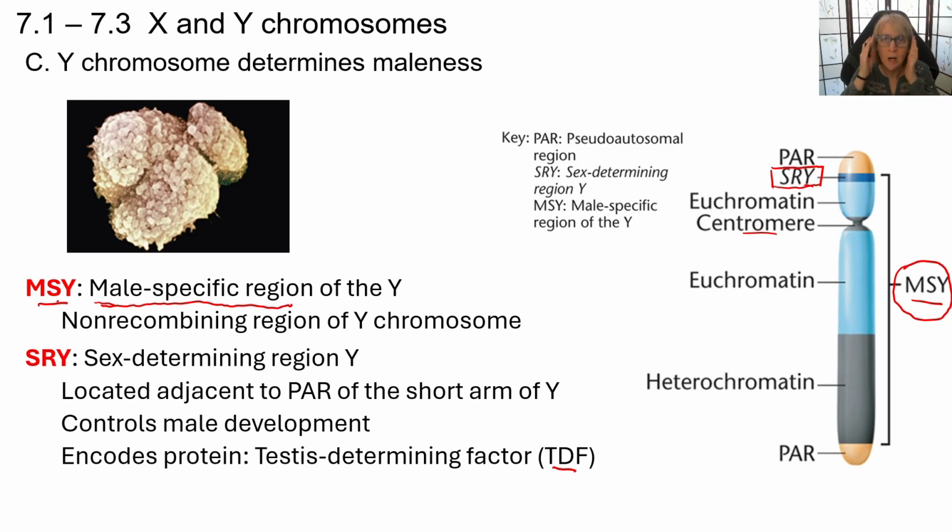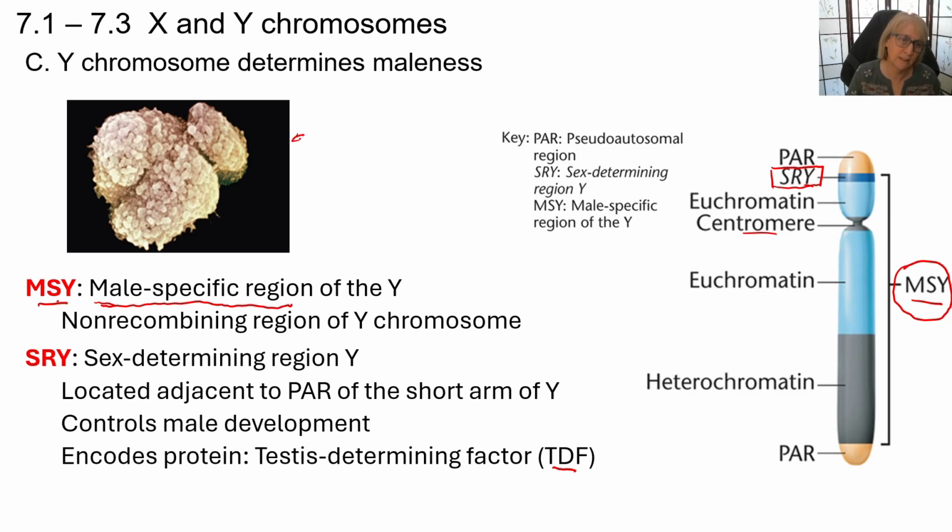Don't just learn MSY, because these will start to muddle around in your head like you would not believe. They're just letters. Turn them into meaning as you study them. MSY is the male-specific region of the Y. Once you have that down, now you can call it by its short name. Sex-determining region of the Y, the SRY region, is determining whether that embryo develops as male.